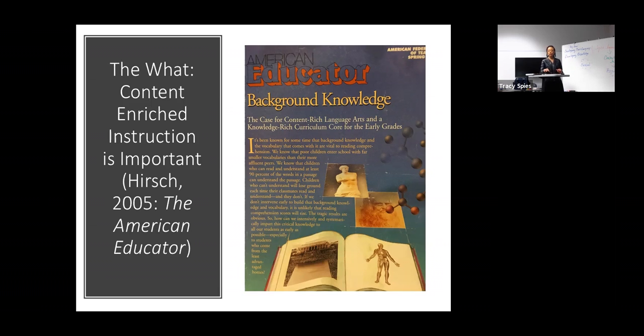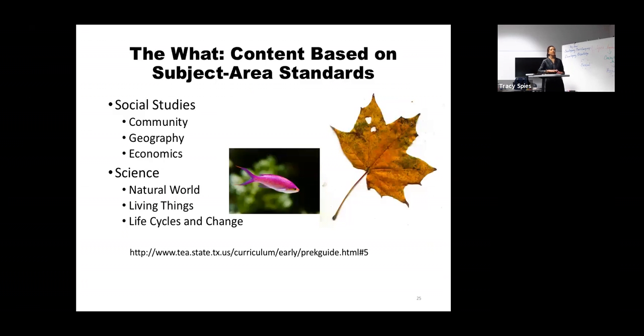And what this article specifically focuses on is the knowledge around social studies and the knowledge around science. So here's some example at the pre-K kindergarten level of what knowledge is important for children to engage in, to be ready to understand text when they are learning how to read.